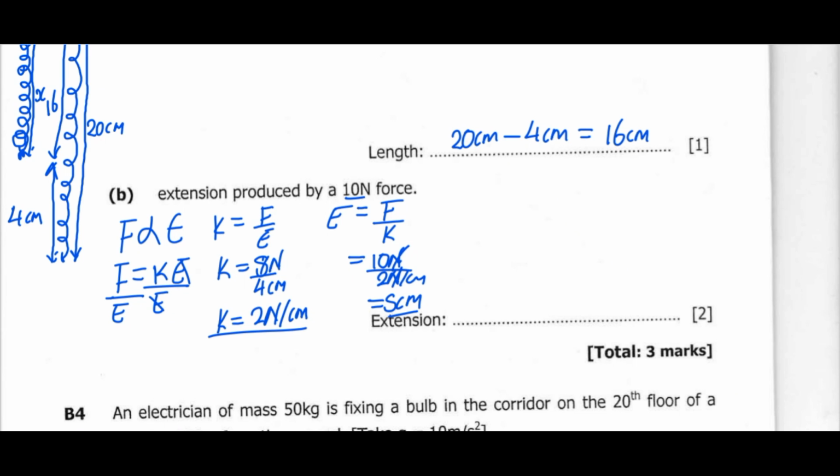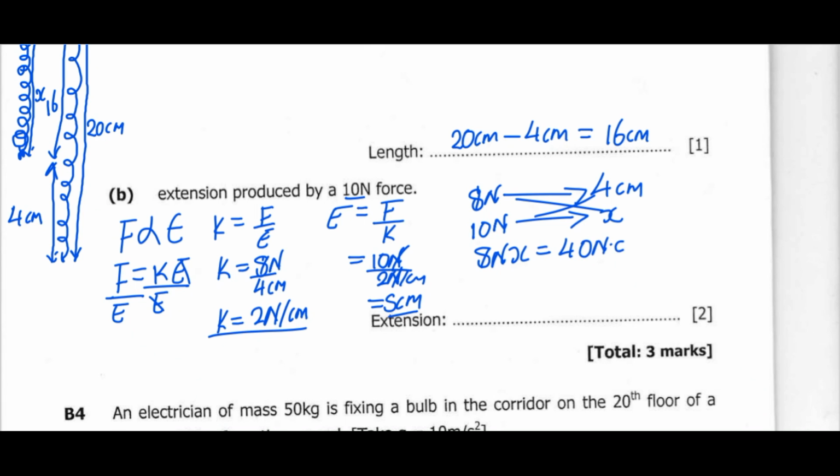And if you want, we can also find the same answer another way. We know that 8 newtons gives us an extension of 4 centimeters. Then what will be the extension if the force changes from 8 to 10? So here we have x, and we'll cross multiply. 8 newtons times x is 8 newtons x. 10 times 4, we get 40 newton centimeters.